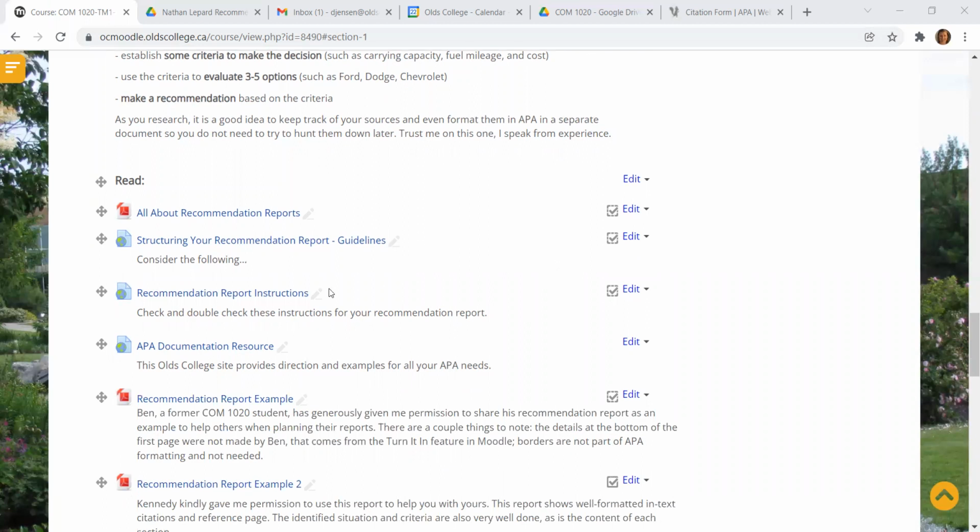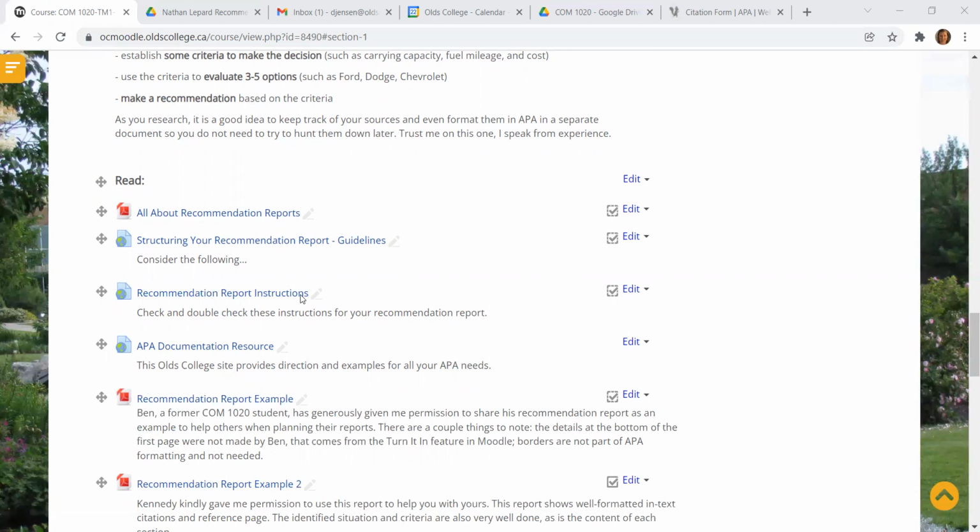Let's have a look at instructions first. You are seeing this screen at the same time. In the instructions, it talks about how it's worth 20% of your final grade. Your person or company has a choice to make.